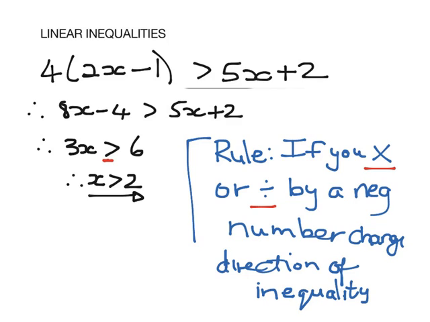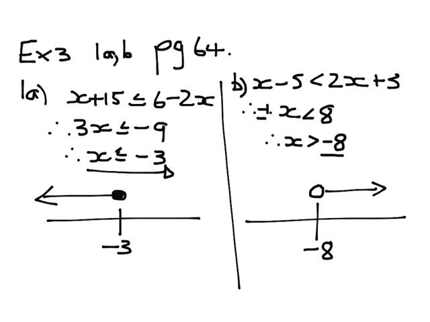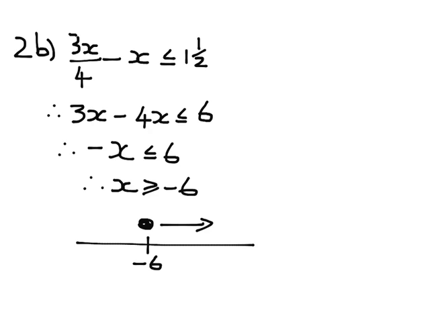Then if I said to you, write this now on a number line, you would have 2, like so. So again we have this negative number there.